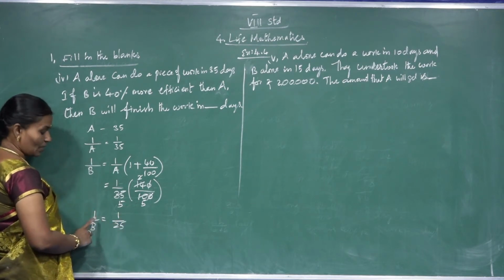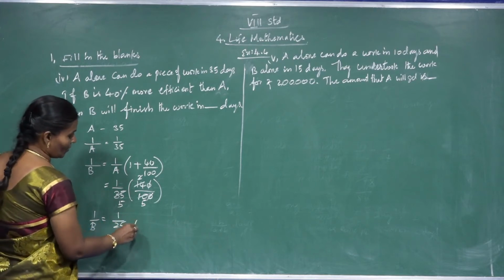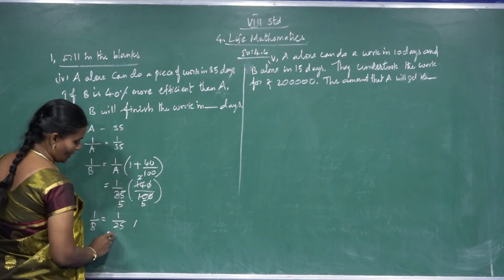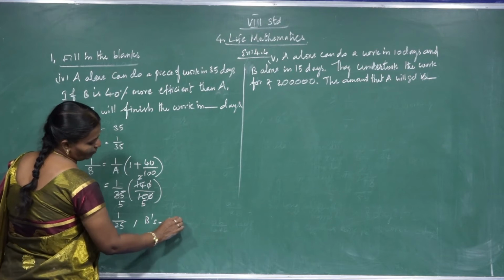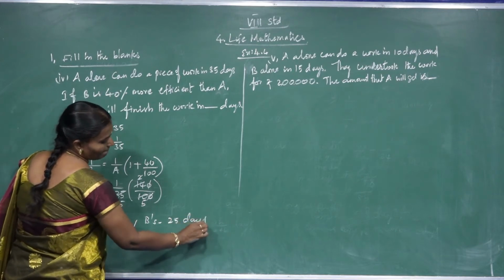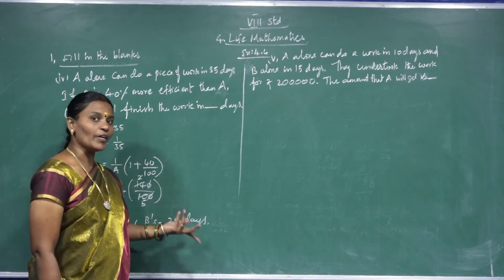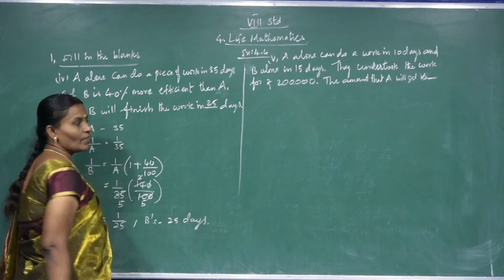That means 1 day's work is 1 by 25. So B will finish the work in how many days? You write the reciprocal: 25 days. B alone can do the work in 25 days. So in this fill up you have to write 25 days.